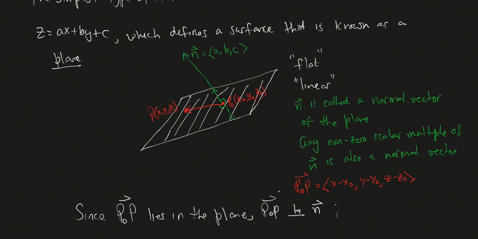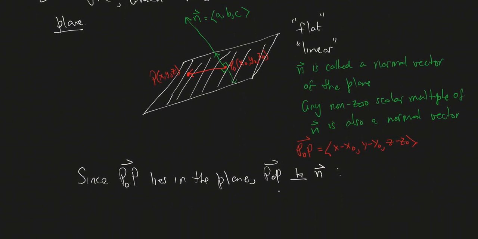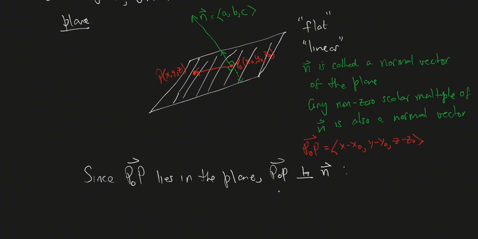So now I start to get to some equations, which we love. So what this means is if I take the vector P0 to P and I do the dot product with the vector n, then that has to be equal to 0, right?